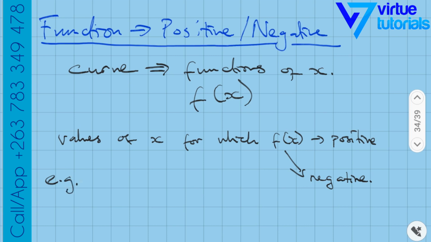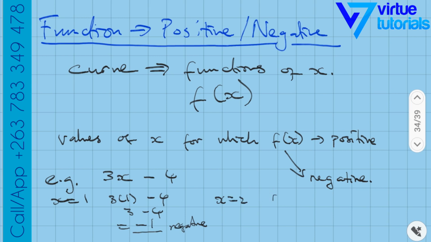So for example, imagine I had something like this, 3x minus 4. If I put x is equal to 1, this becomes 3 times 1 minus 4. That's 3 minus 4, which gives you a minus 1. So the result is negative, right? But if I put x is equal to 2, that gives me 3 times 2 minus 4, which is 6 minus 4, which gives you 2.